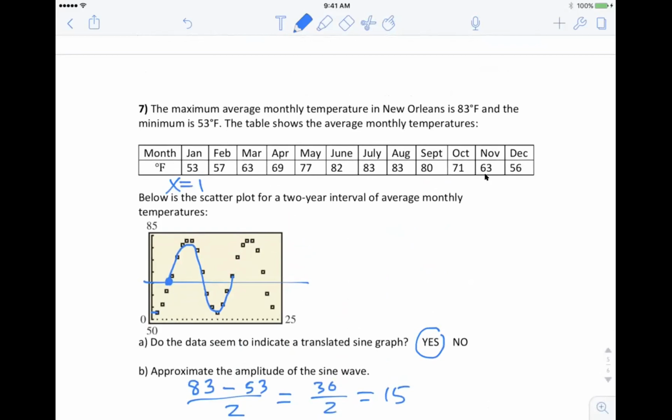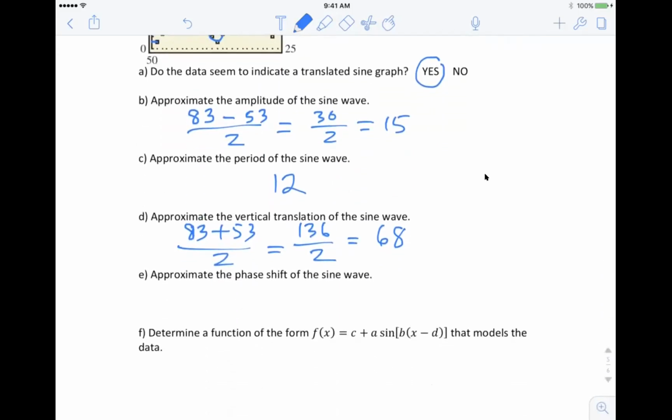And then the 7th month is where you reach the maximum for the first time, even though August is the same. But the 7th month is July, where you hit your maximum. So the starting point, your phase shift, should be right between 1 and 7. So I would average those together: 1 plus 7 divided by 2. That's 8 divided by 2, which is 4. So your phase shift is 4 units to the right.